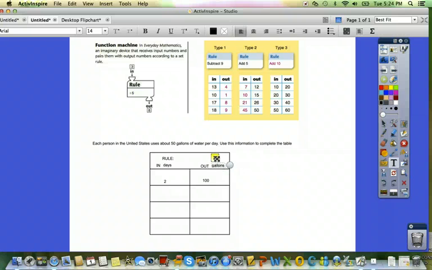Okay, so I know that each person in the United States uses about 50 gallons of water per day. And I know this from my math message, so I'm looking at my rule and my in and my out. So for 2 days, how many gallons of water will each person use?